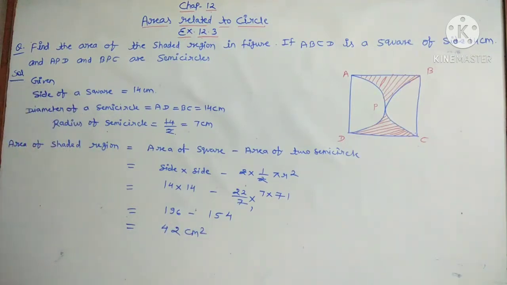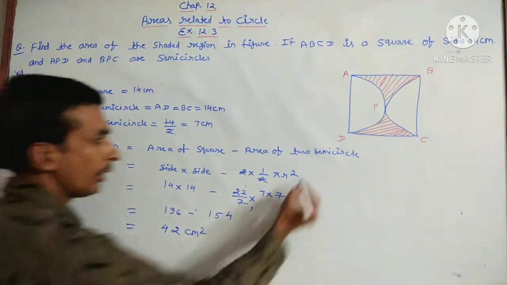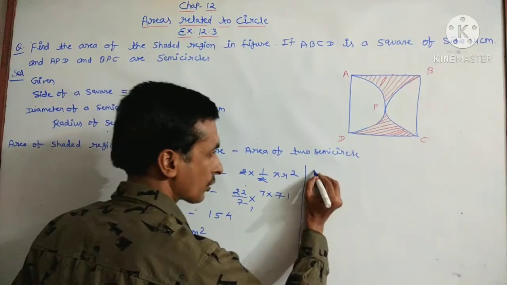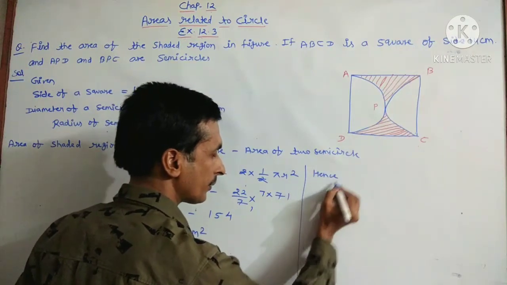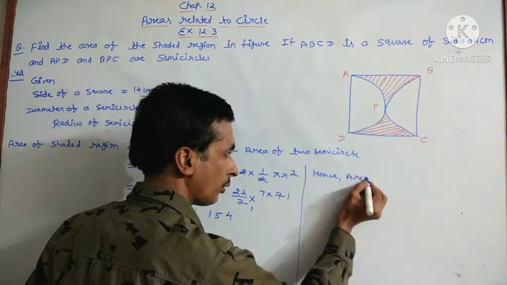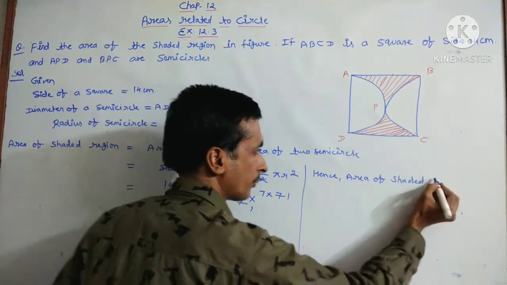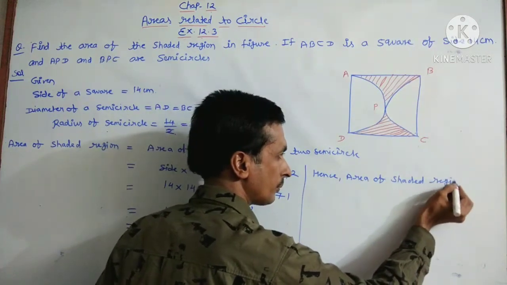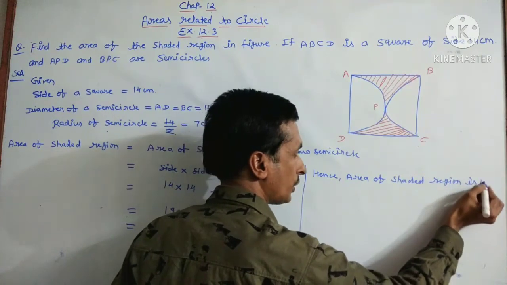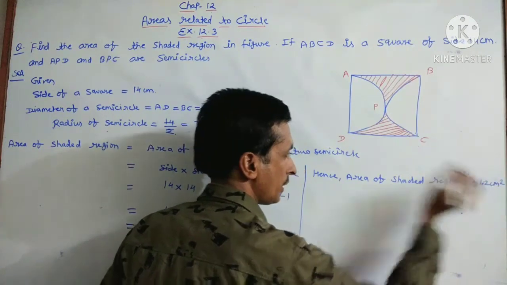This is your required solution. Area of the shaded region is 42 centimeter square. Now you can write the last line: hence the area of the shaded region is 42 centimeter square.